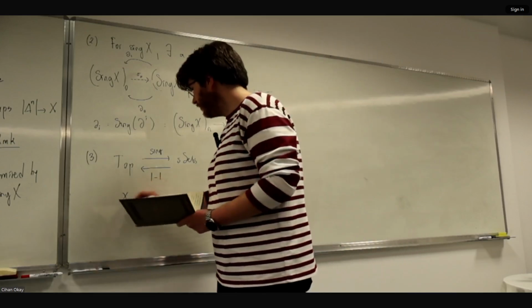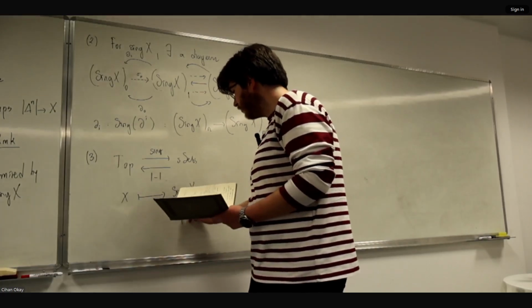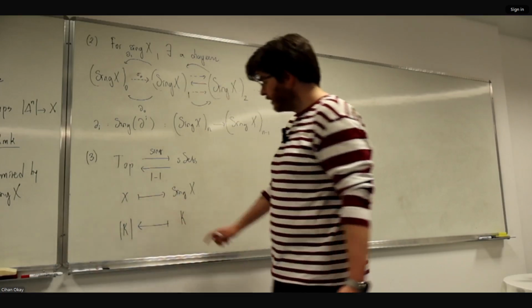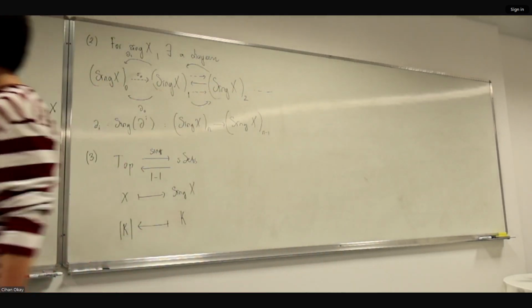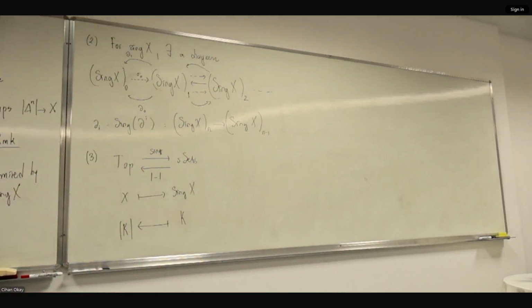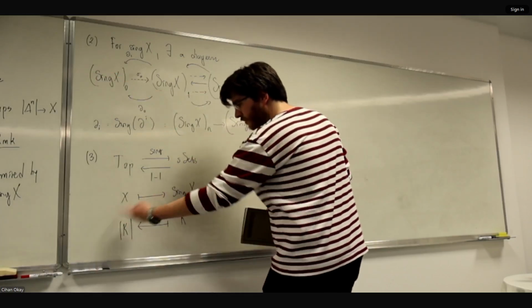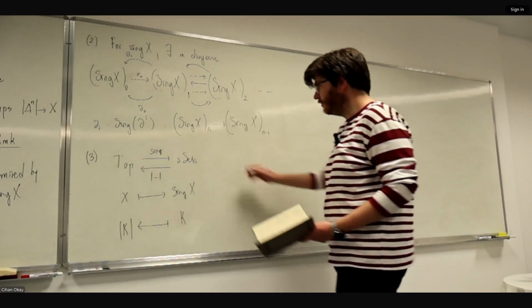So one direction is that one, and the other direction is something like this. Given a simplicial set, we are going to discuss what this delta n is. Using these things, you can have the map in the reverse direction. So this is an adjunction.